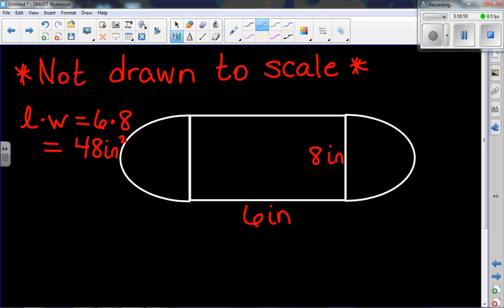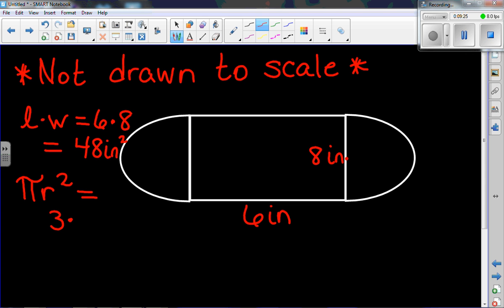So, we can use the formula for a whole circle because we have 2 semicircles. Area equals pi r squared for the circle. We can use 3 for pi in this problem, and we have to have the radius. If we look at our semicircle, we notice that it's given the diameter of 8.